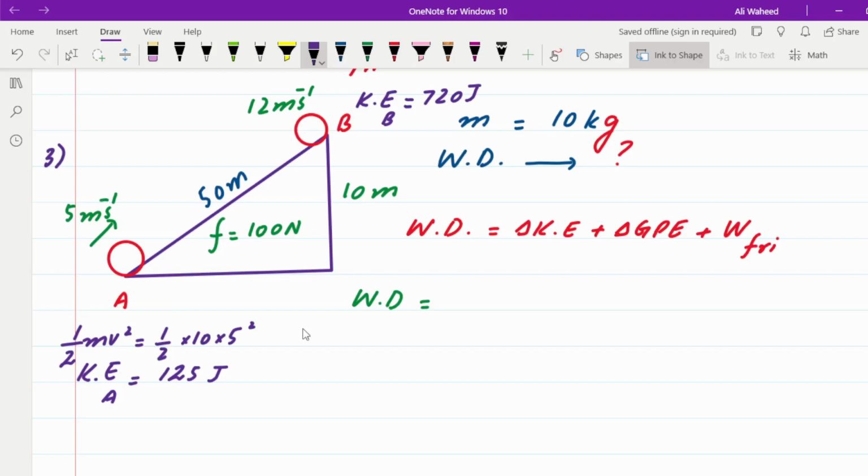You see, through your work done, you don't have to pay for all 720 joules of kinetic energy, because there was already some kinetic energy at the point A. So that 125 joules, you didn't have to pay through the work done. This one was already there. But what's the change? You had to increase only from 125 to 720. So what is the change? You subtract these two.